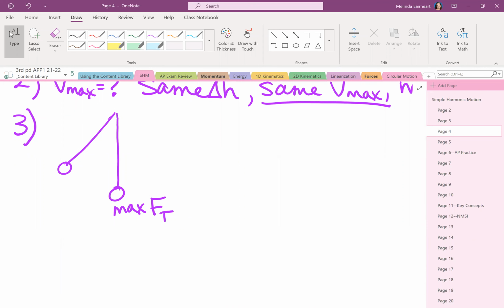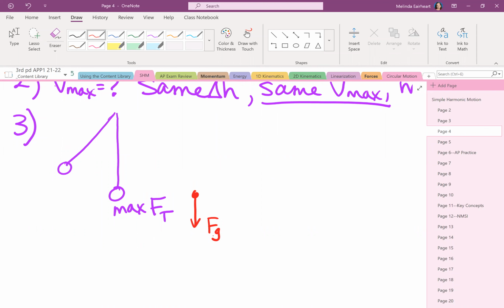There's not one magical equation for all. We need a force diagram. So let's draw a force diagram for the ball when it's at the lowest point. What do we got? We got gravity and tension. So it's been a while. Gravity is a straight down vector. You do not label it with a little g. That's an acceleration. You will not earn points if you label it little g on the AP exam, okay?